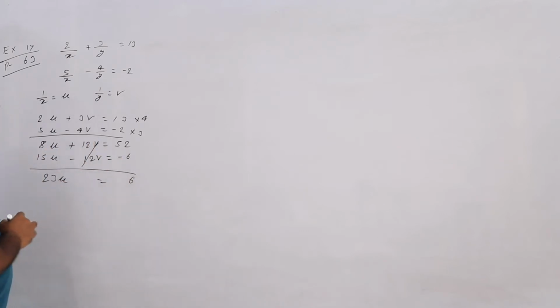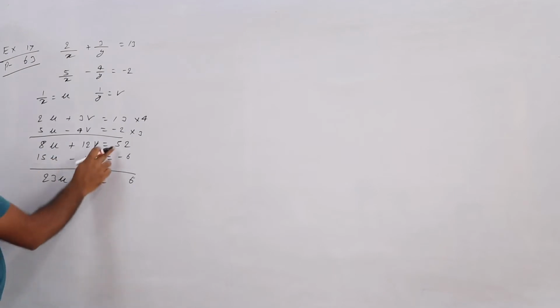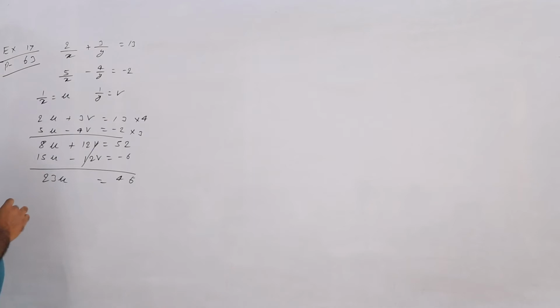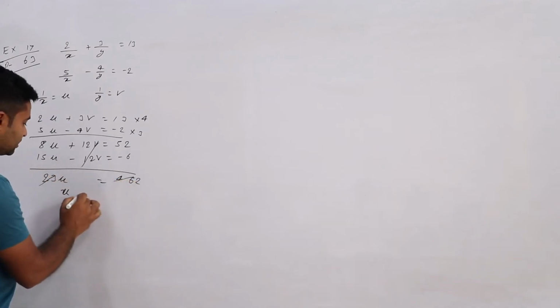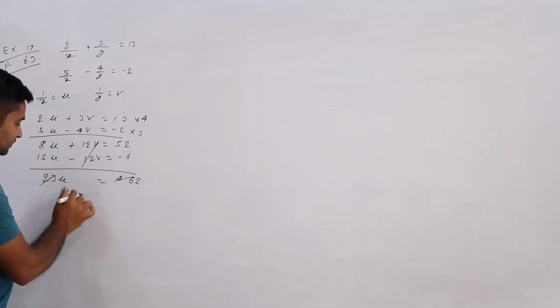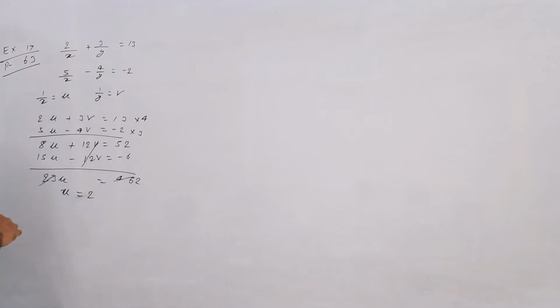It's 6. What remains is 4. So 23u is equal to 23 2s 46, so u is equal to 2.